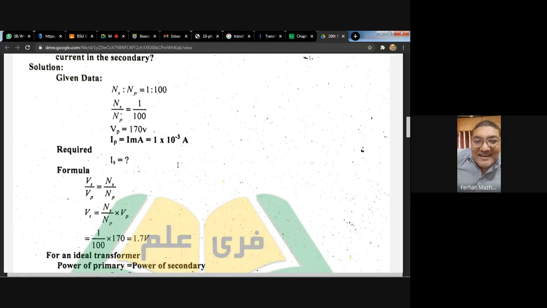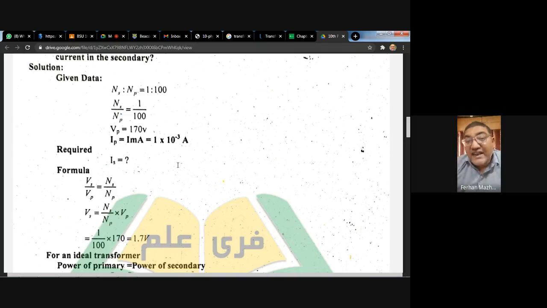So VS is equal to NS by NP multiplied by VP. NS is 1, NP is 100, and the voltage in the primary is 170. So 1 multiplied by 170 divided by 100. Put these values in your calculator and you will get the answer 1.7 volt.